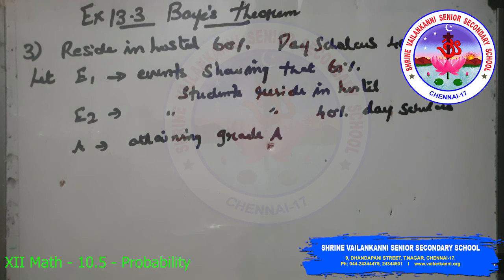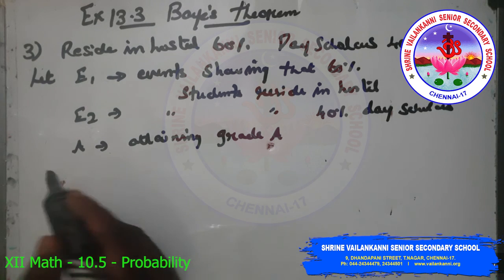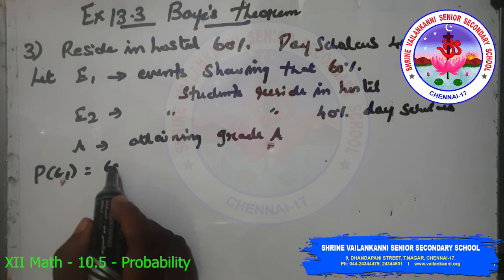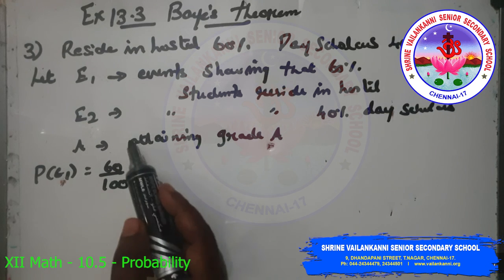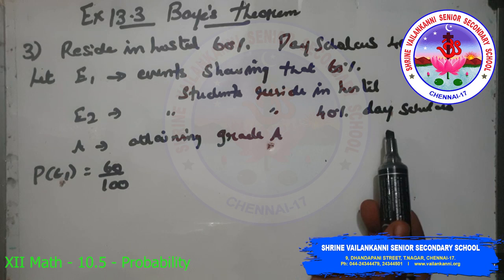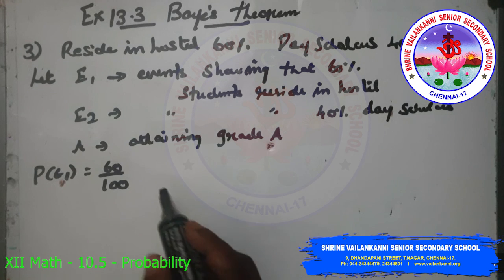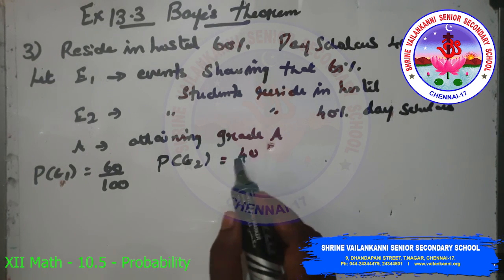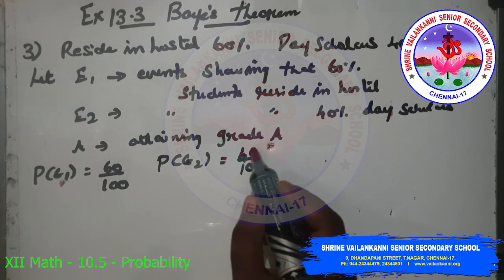So let E1, E2 and A be the events such that E1 is an event showing that 60% students reside in hostel. So P of E1 is 60%, 60 by 100. And E2 be the event that the 40% students are day scholars. So P of E2 is 40%, that is 40 by 100.